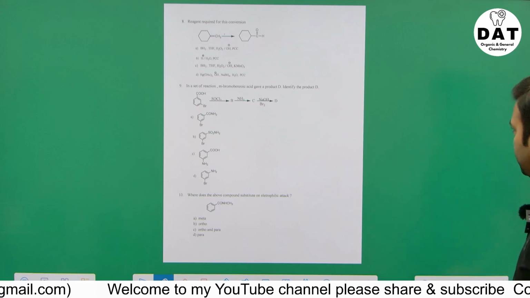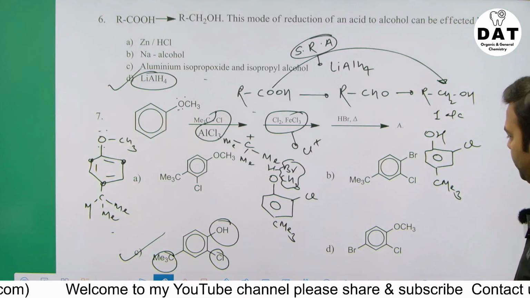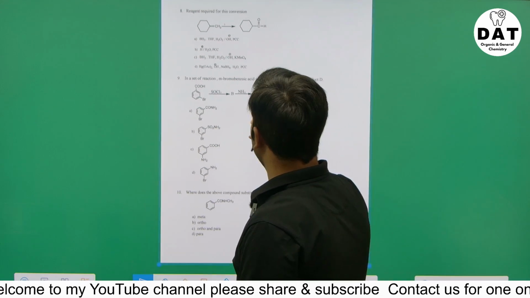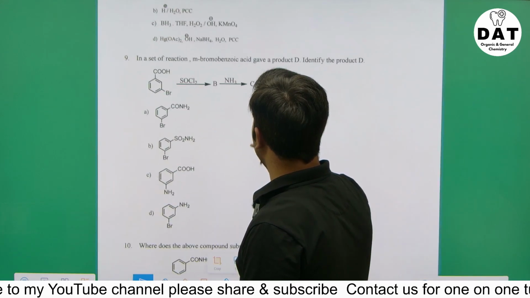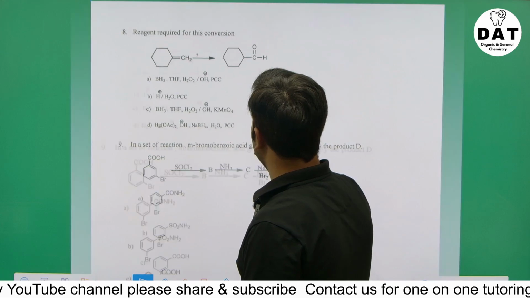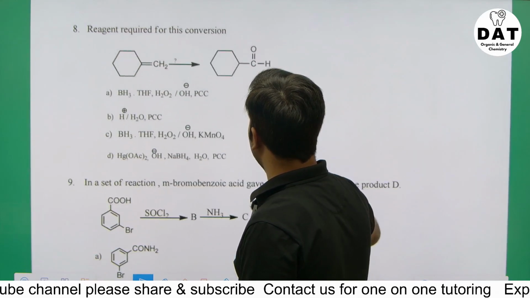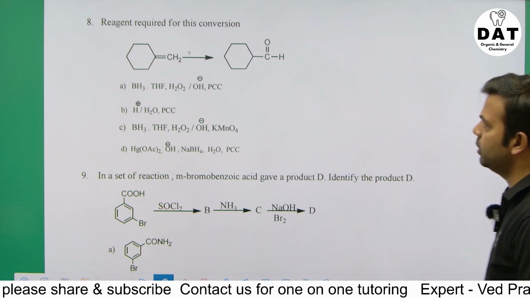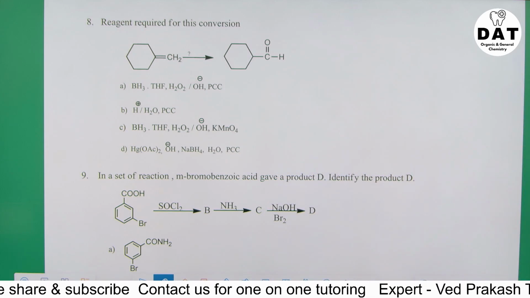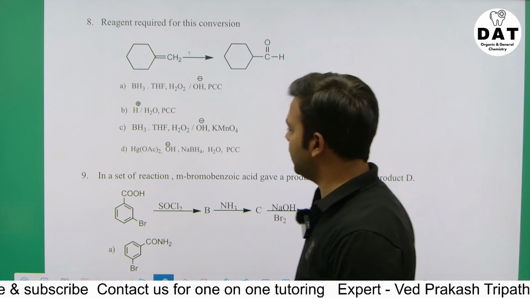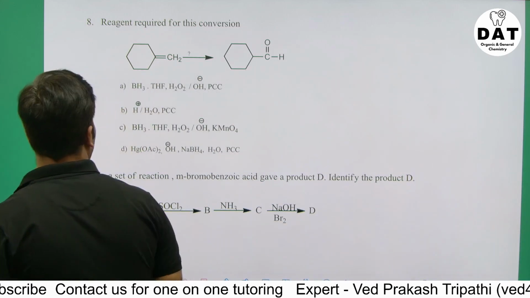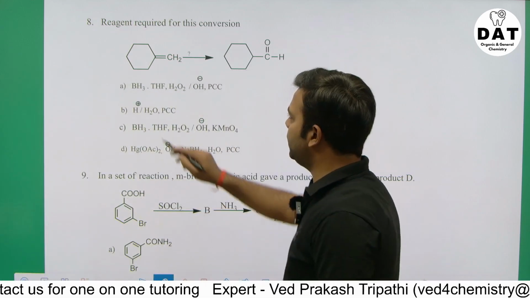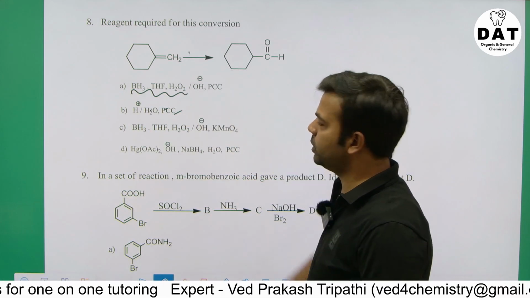Okay, now question number 8. We did, I think, 7. Yeah, we did 7. Question number 8. Okay, this is a very good question. Here we have the initial reactant, which is my alkene, and now the product is my aldehyde. So look at the key function here. BH3 THF, H2O2, this is hydroboration oxidation.